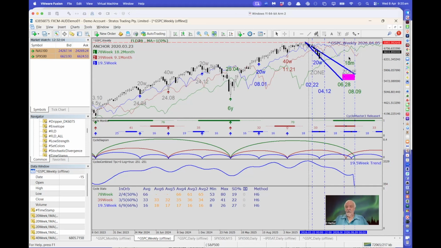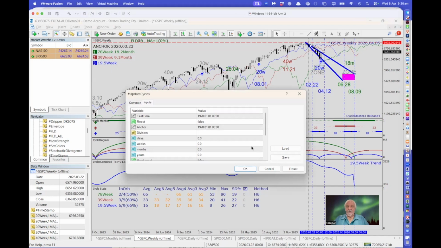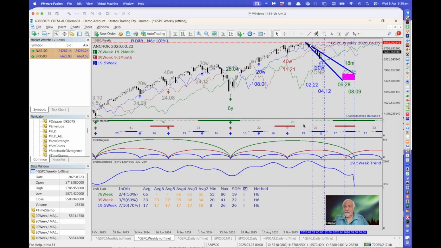And at this point in time, we can see that we have an old 18-month zone here, which we can update. So to update it, we can pull in a 20-week arrow, and we can go update cycles. This will shift that 18-month zone just slightly where there's an overlap.